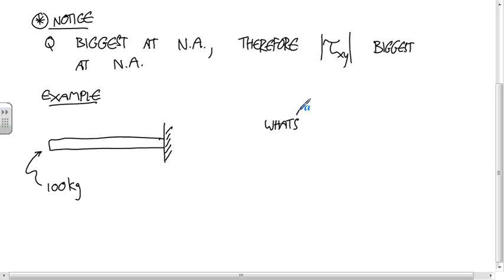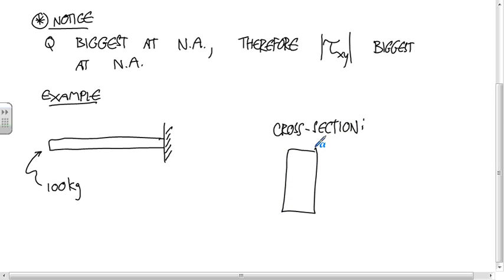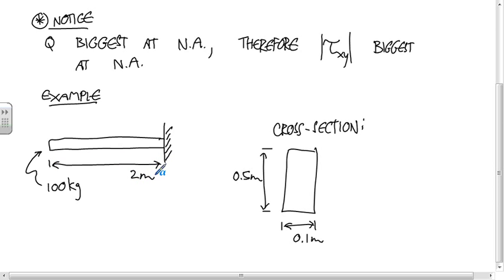And we want to know, well, first let me give you the cross section. So the cross section has a width of 0.1 meters, a height of 0.5 meters. The length of the beam, let's say, is 2 meters.